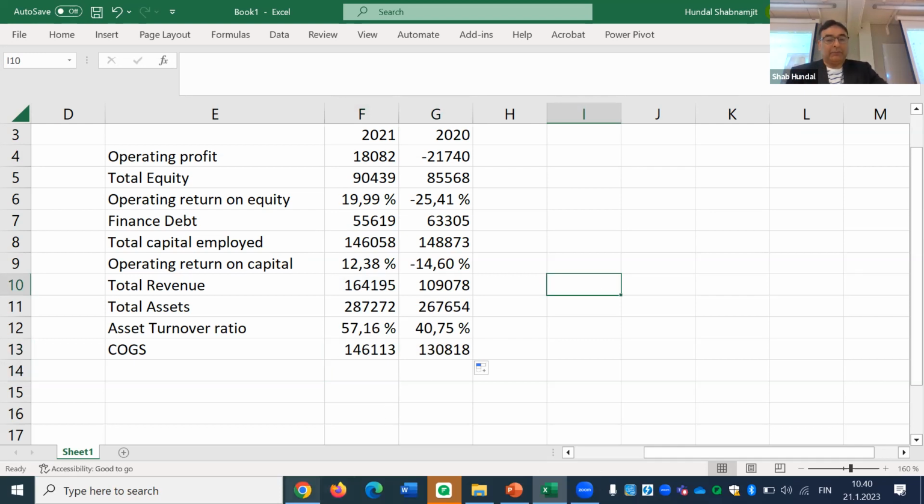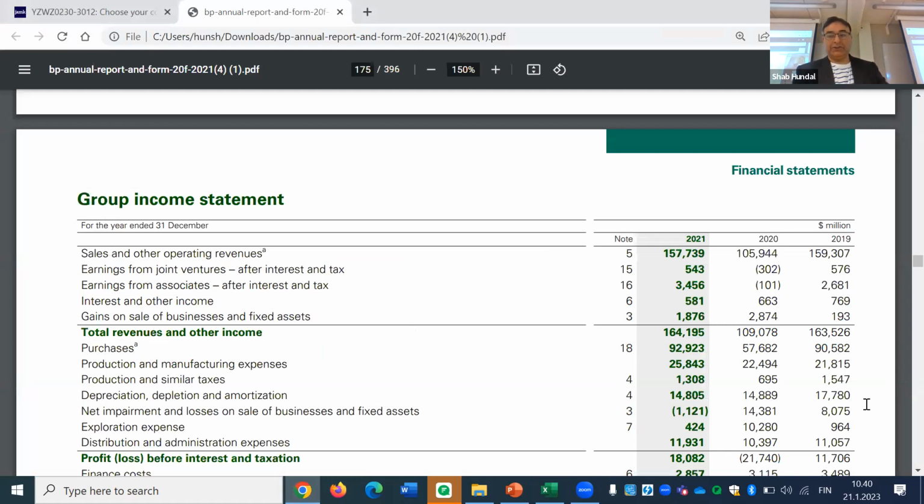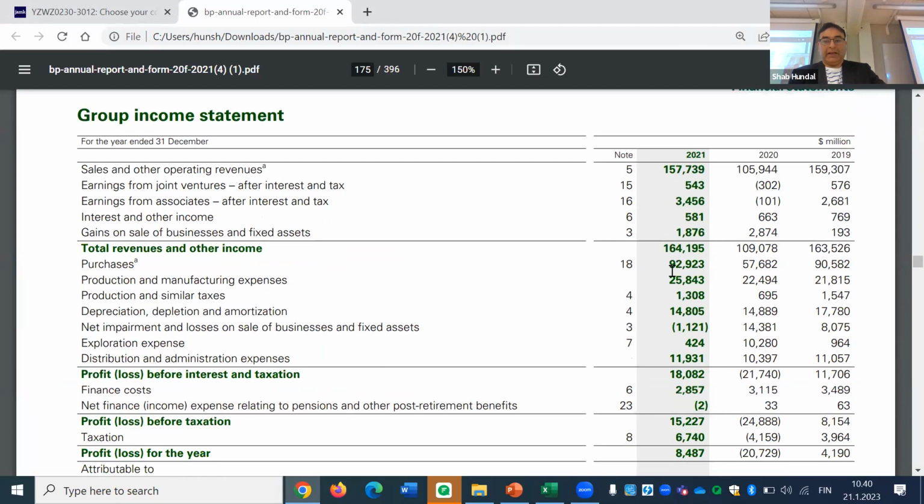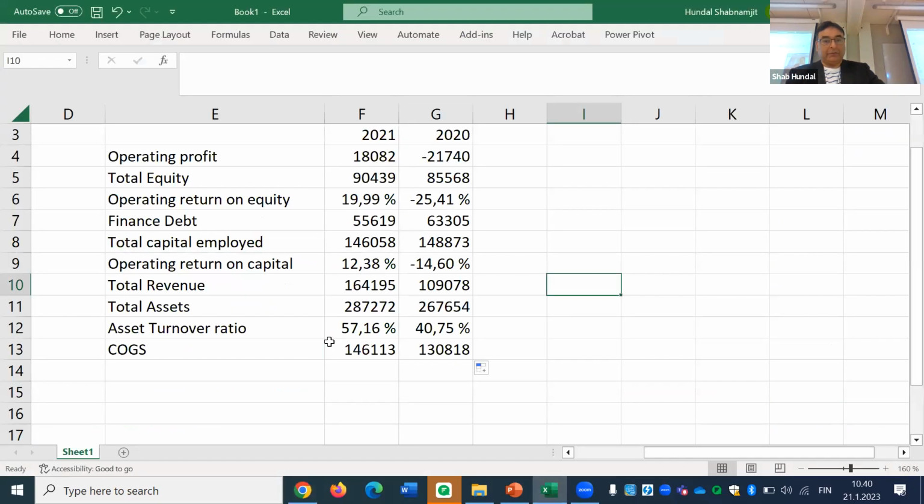And now, if you want to double-check, you can check all these costs here, 92923, 2584313, you sum them up, and it would be 146113.